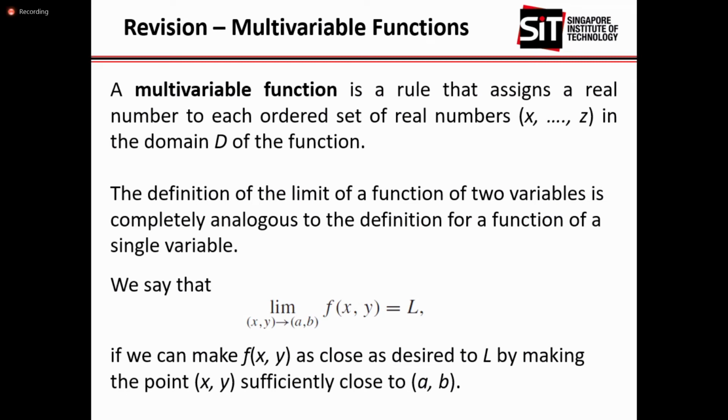So we can say that the limit of a multivariable function is equal to a certain value L if we can make our function as close to L as we want by making the point x, y or x, y, z sufficiently close to the values A, B, and C. The difference, however, is that while for a single variable function, we can approach a certain point A either from the left or from the right, in the case of a multivariable function, we can approach the pair A, B from an infinite number of different directions.